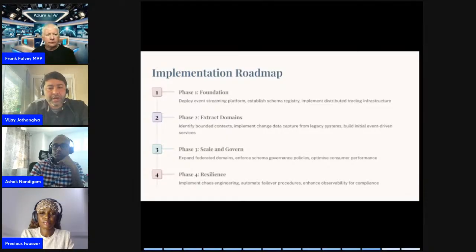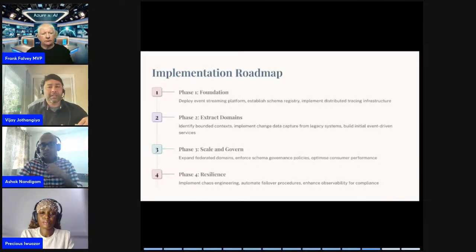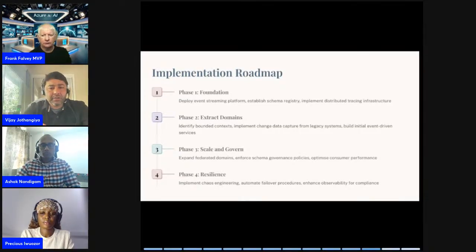Extract domain: identify bounded contexts and introduce change data capture from the legacy system. When I talk about domain, the definition of domain in finance depends on which kind of banking you are in. For example, in personal banking, deposit, payment, and account are each considered a domain. Phase 3, scale and governance.